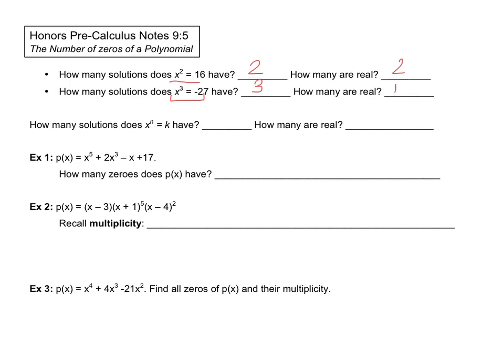In general, any equation like this, x to a power equaling some integer, has n solutions. Whatever that power is, that's how many solutions it has. However, there are only ever 0, 1, or 2 real solutions to any equation like that. So at most, we are only going to see 2 real solutions. All the others will be complex.